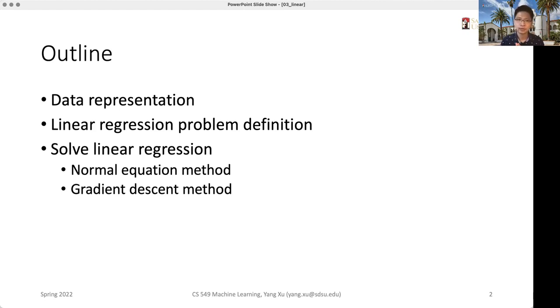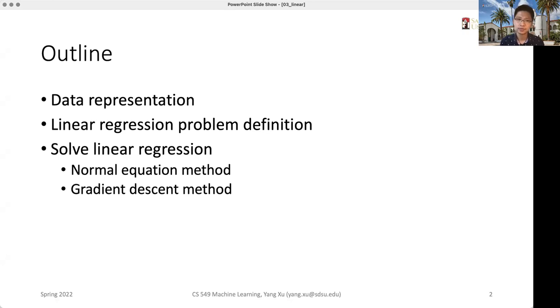There will be basically two methods that we will cover. The first type, the normal equation method, is the traditional way that is usually used in statistical analysis, and it has very fast implementations in current statistical analysis software packages.